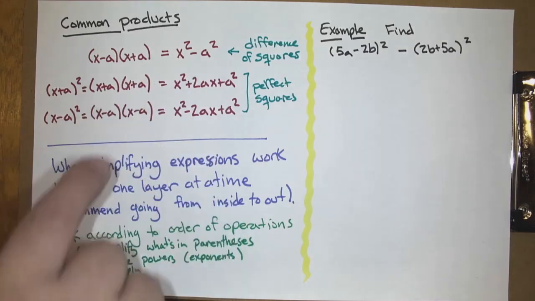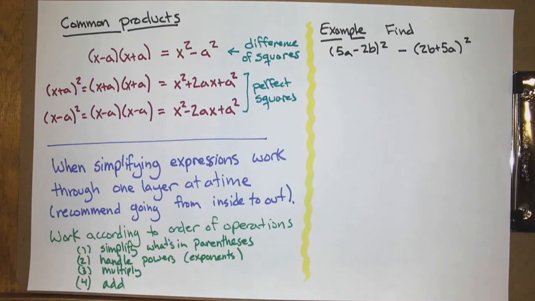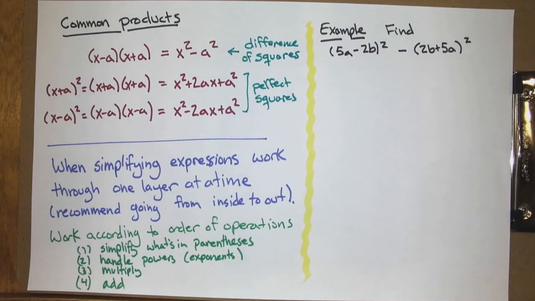So we have the difference of squares, and we have the perfect squares. Both are very useful to know. Perfect squares are very nice because there are reasons for us to want them: they make it easy to factor. And it's one of our underlying ideas.